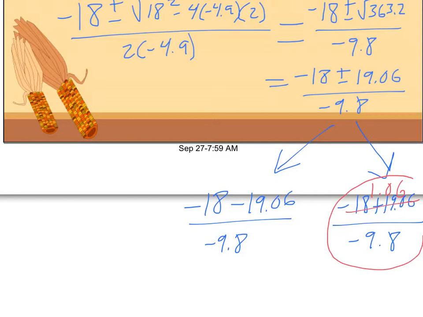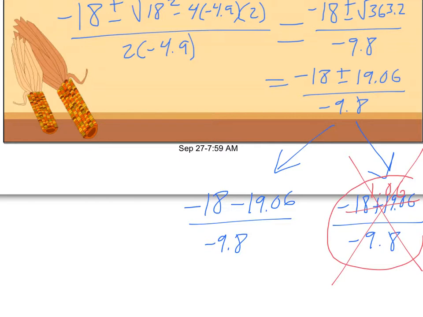I know that it's going to be a small decimal, like 0.2, 0.25, something like that. But it's going to be negative because I've got a positive divided by a negative. I don't exactly know how much time is going to go by before this ball hits the ground, but I know I don't want an answer that's negative. That just doesn't make any sense.